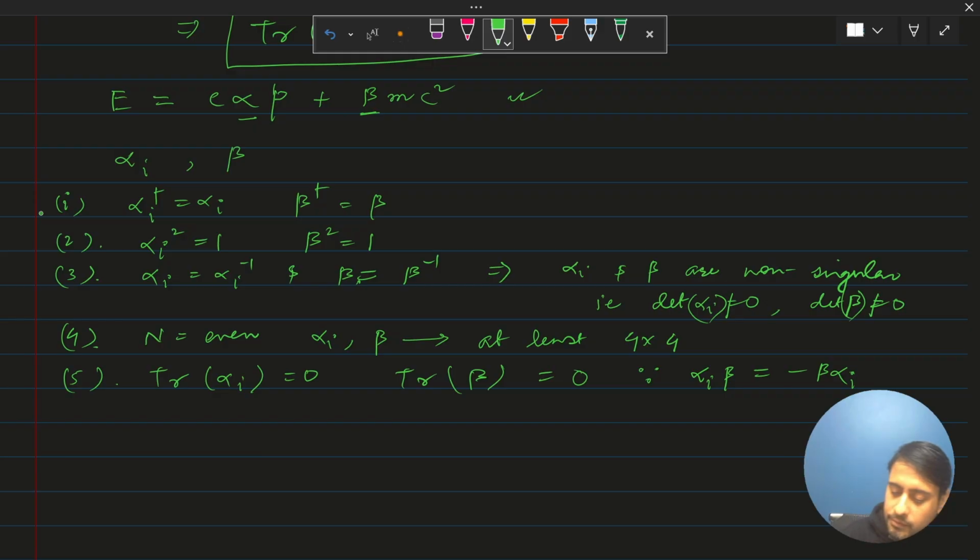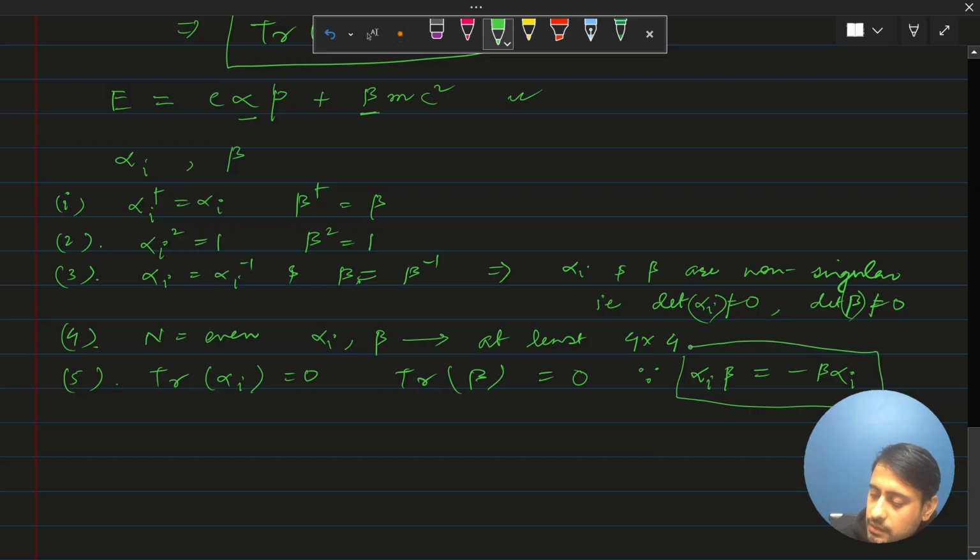Because we know that in 2 dimensions, one of the most important results which can give the structure of the matrices alpha and beta can be arrived at from this.